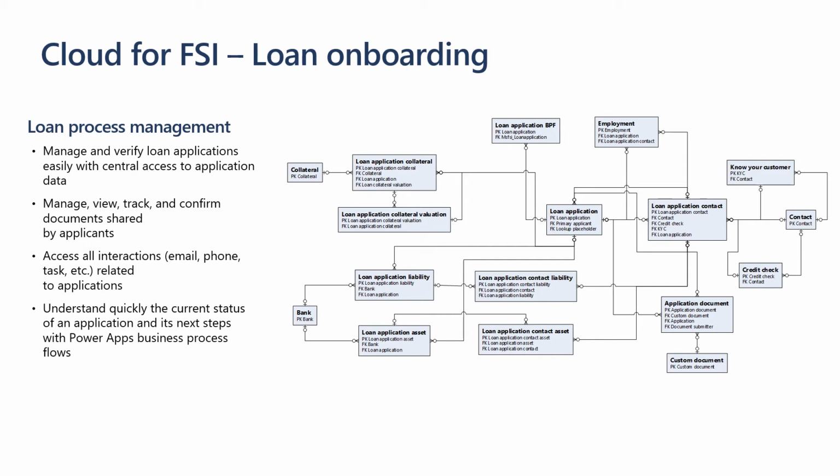Understand quickly the current status of an application and its next steps with Power Apps business process flows. And also, we provide accelerated extensions and adoption. Customers can extend the loan application tracker to fit their requirements using low-code and pro-code tools.